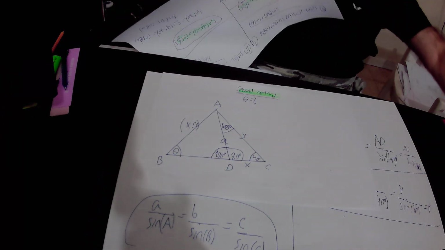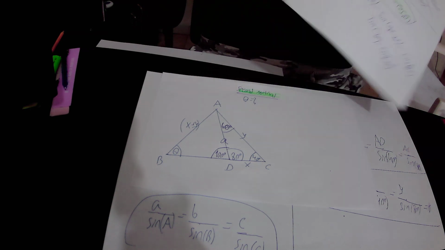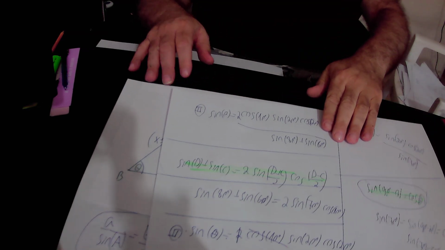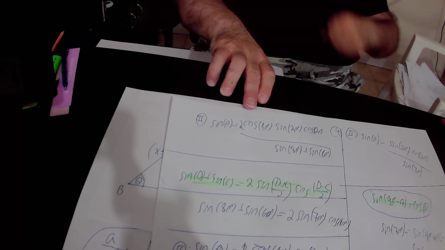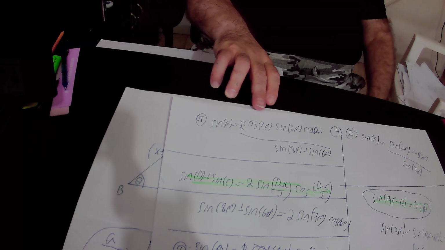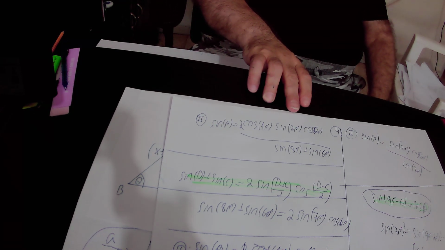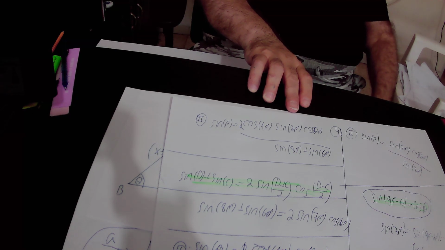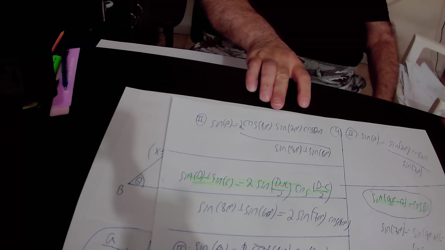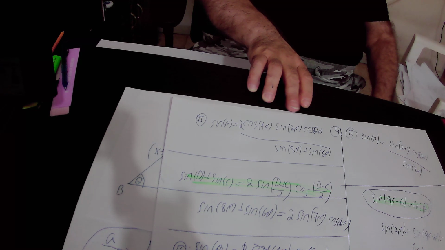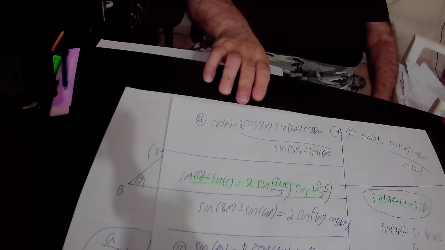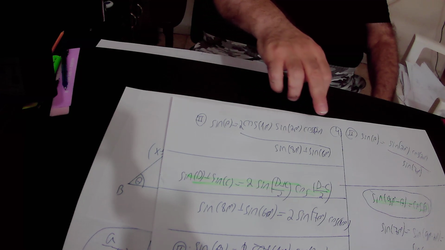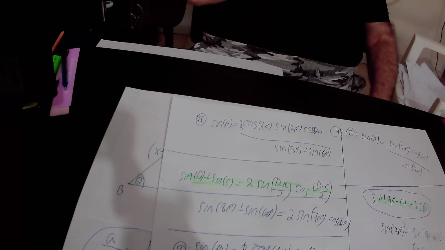Therefore, here we got that sine theta equals, we substituted sine 100 degrees by cosine 10 degrees, and we substituted sine 40 degrees by sine 20 degrees times cosine 20 degrees times 2, over sine 80 degrees plus sine 60 degrees.